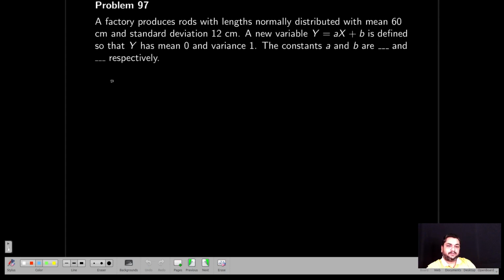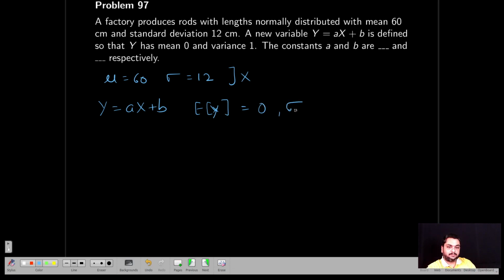Next, a factory produces rods with length normally distributed with mean equal to 60 and standard deviation 12 centimeters. This is for a variable, say X. Y equal to AX plus B is defined so that its mean, E of Y, is equal to 0, and the variance of Y is equal to 1.